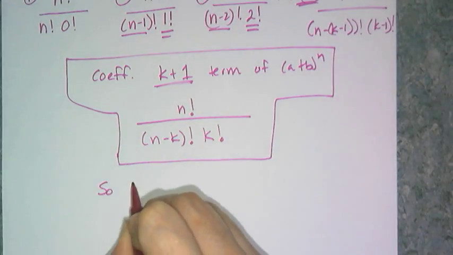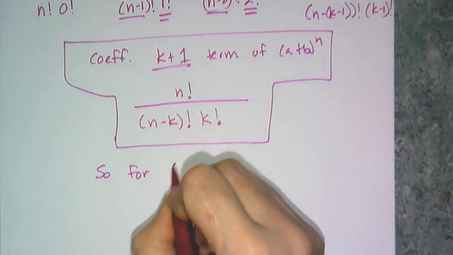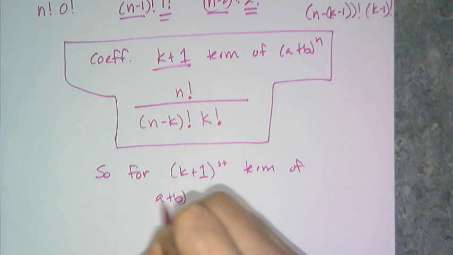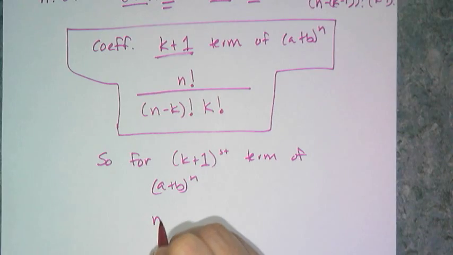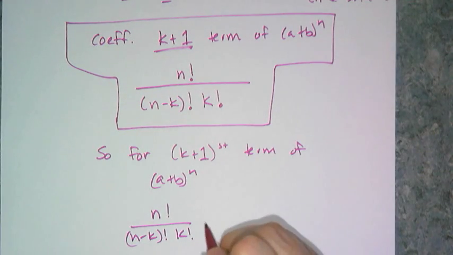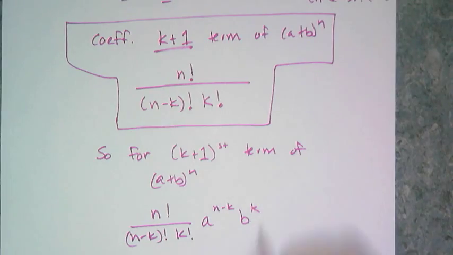So let's write the rule for the term first. So for the k plus 1 term of a plus b to the nth power, the coefficient is n factorial over n minus k factorial k factorial, and the powers of a and b are a to the n minus k, b to the kth power.